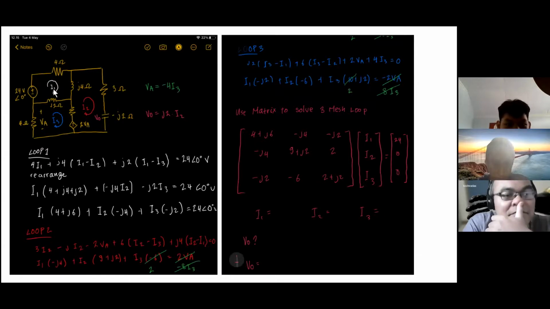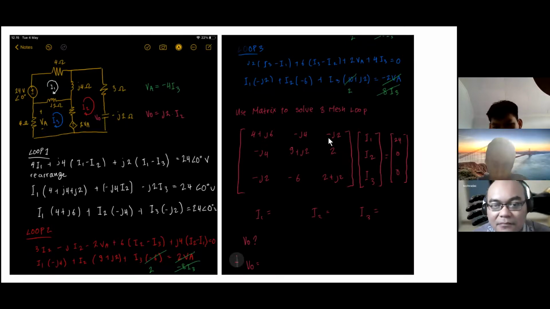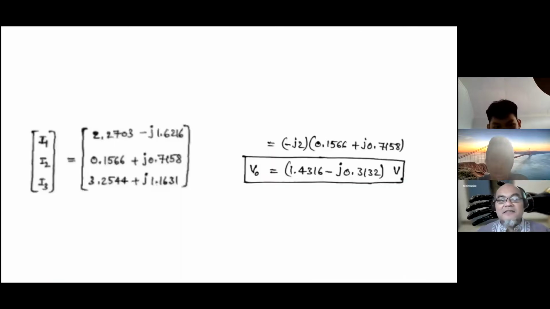So 4 ohm times I1, then j4 times (I1 minus I2), j2 times (I1 minus I3), and so on. Then we can rearrange them so we get I1, I2, and I3. We do the same with the second and third loops, and then make them into a matrix.